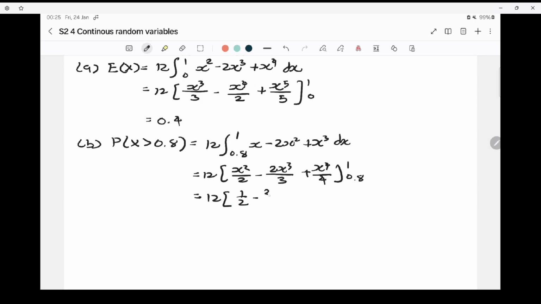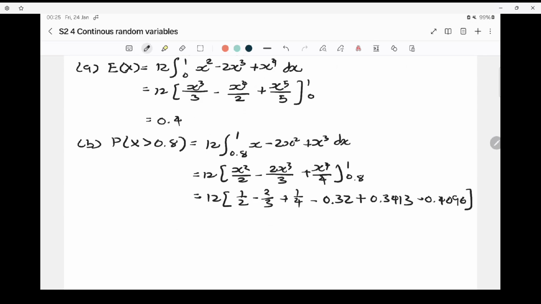1 over 2 minus 2 over 3 plus 1 over 4, minus 0.8 squared divided by 2, 0.32, plus 2 times 0.8 to the power 3 divided by 3, so this is 0.3413, minus 0.8 to the power 4 over 4, 0.4096.